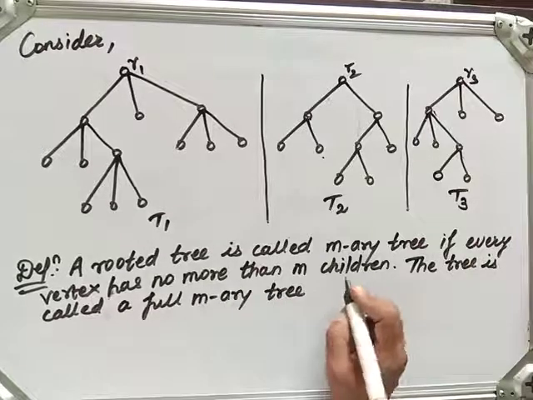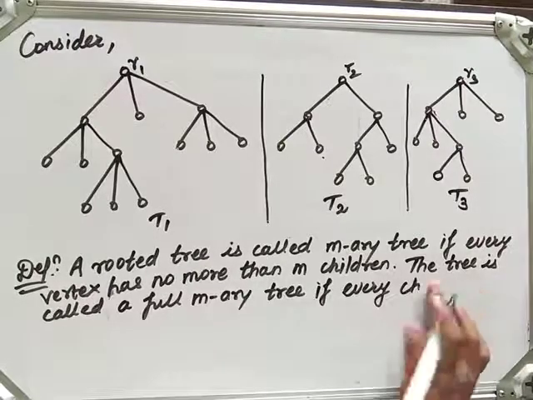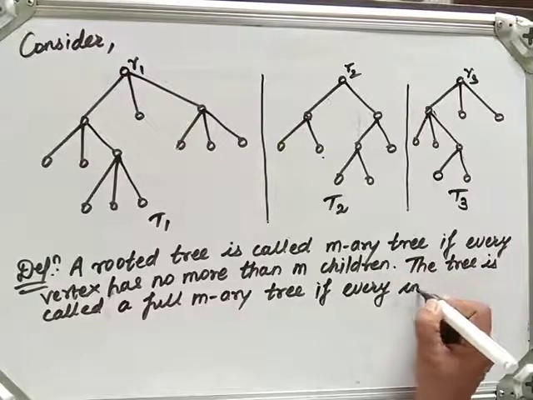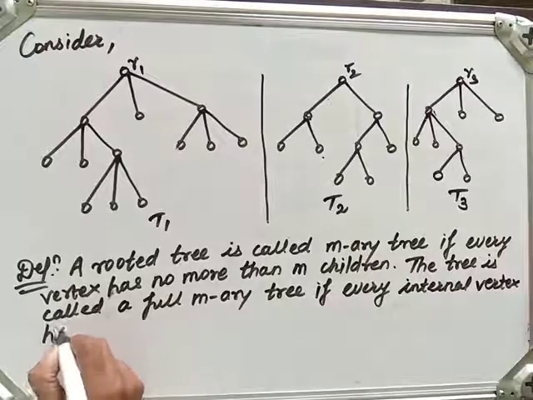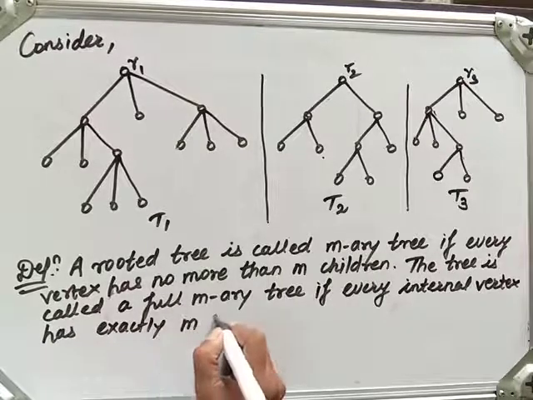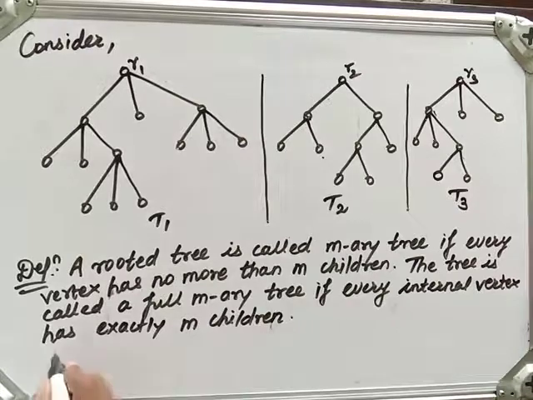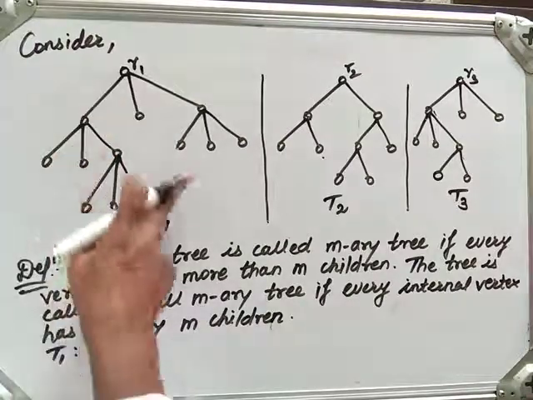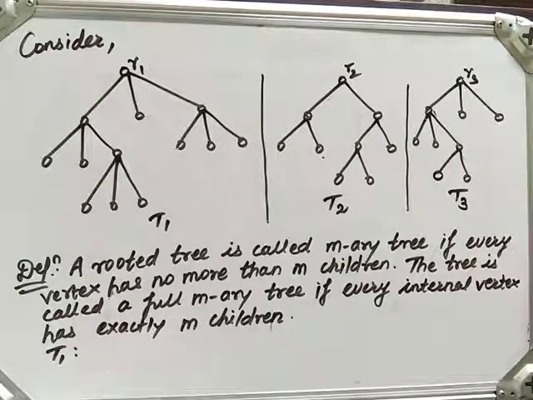Now here, if we look at T1, in T1 every internal vertex has exactly 3 children, right? So T1 will become a 3-ary tree.